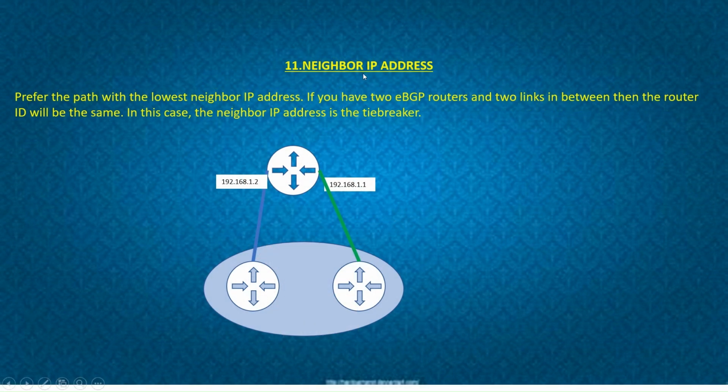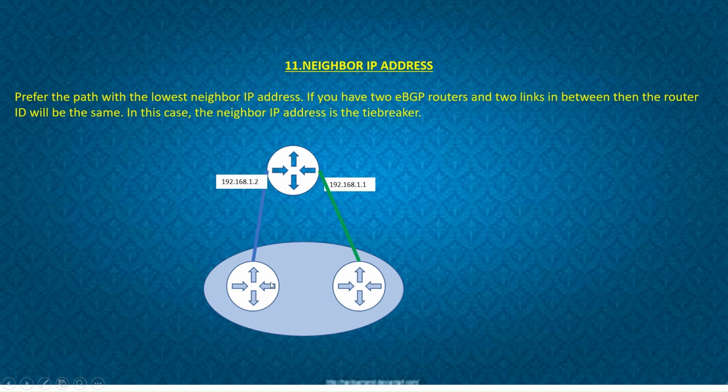And the last attribute, the tiebreaker of BGP, is the neighbor IP address. Prefer the path with the lowest neighbor IP address. If you have two eBGP routers and two links in between, then the router ID will be the same. In this case, the neighbor IP address will be the tiebreaker. Suppose these are edge routers connected with a single ISP edge router.